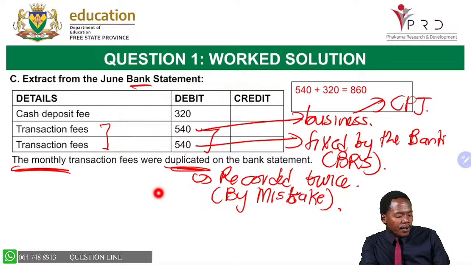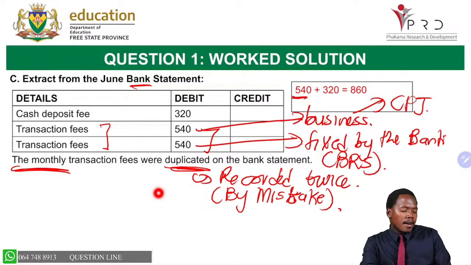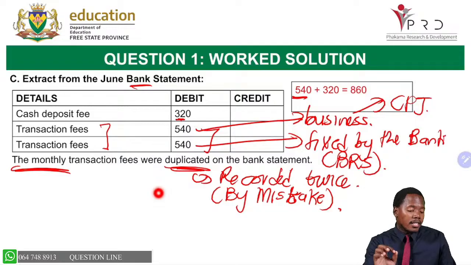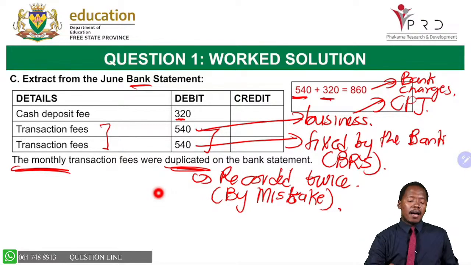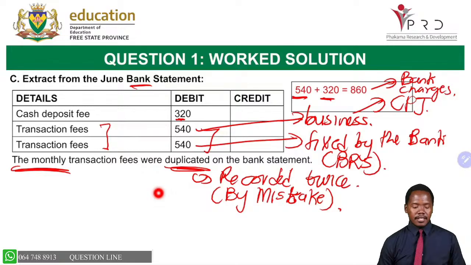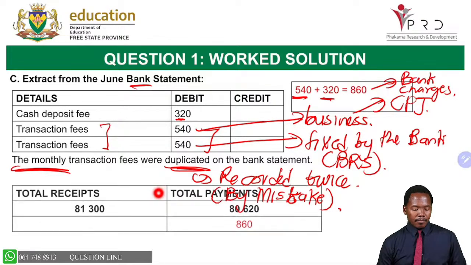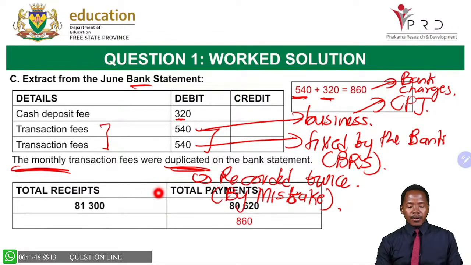Now let us check how this is supposed to be recorded. Now our 540 is one, there we have it, plus the 320. Remember, those are our cash deposit fees. Meaning altogether our bank charges, remember these are our bank charges, now becomes 860. So now where do we record this?